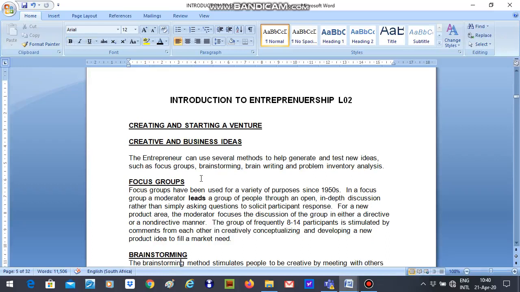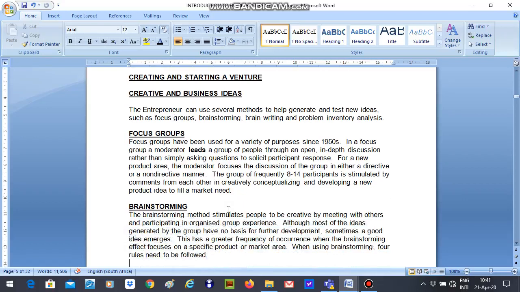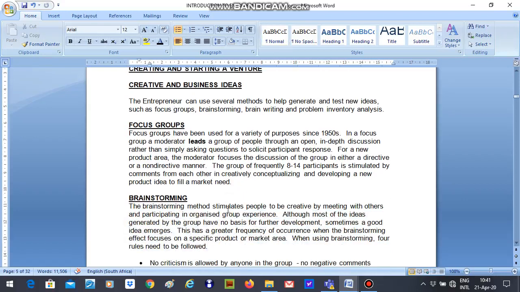Then we move on to introduction to entrepreneurship, LO2, which is looking at starting a venture. As you are starting a new venture, you may have to generate ideas, and these are tools that you can use to generate ideas.